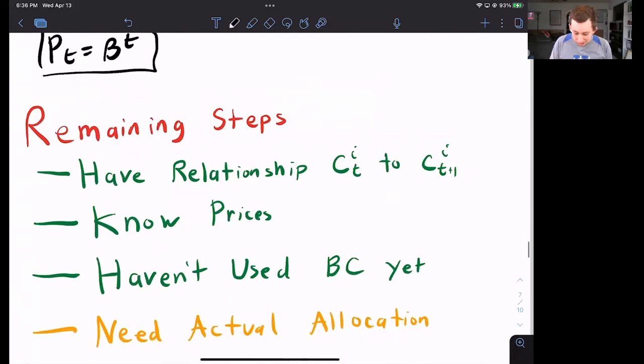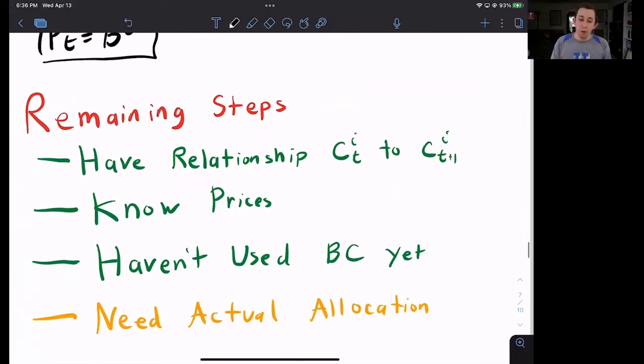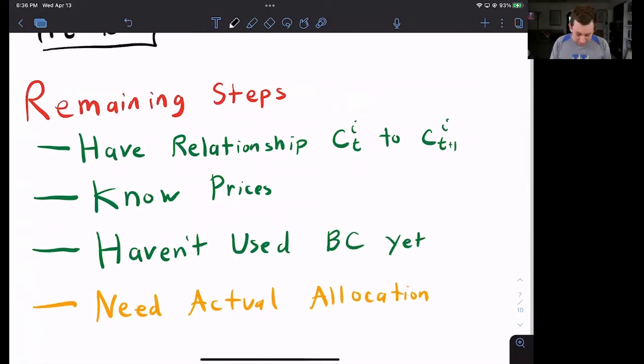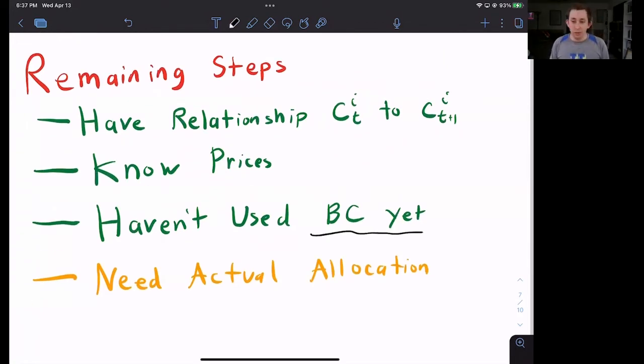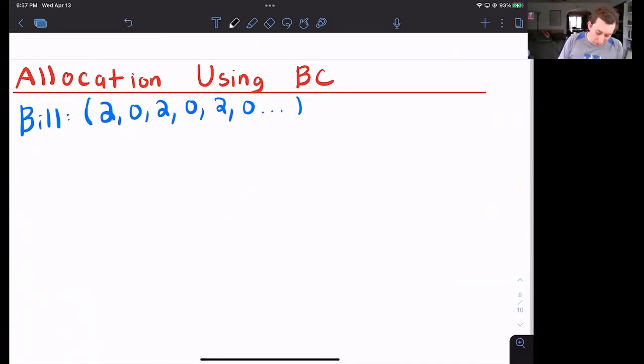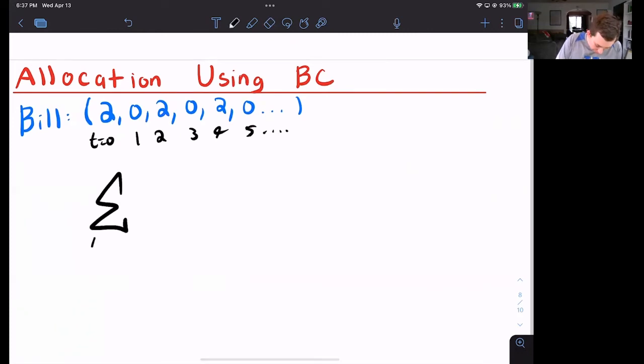So now we have everything we need to put this into the budget constraint and solve for those allocations. So we have the relationship of everyone's consumption to their consumption next period. We know prices. We haven't used the budget constraint, but we need an actual allocation. So this is where we are going next. So I know that Bill gets 2 in even periods, because remember, this is t equals 0, this is period 1, 2, 3, 4, 5, and so on. So what is Bill's budget constraint? Well, it's the infinite sum from t equals 0 to infinity of p_t C_t. Well, p_t is just beta to the t.